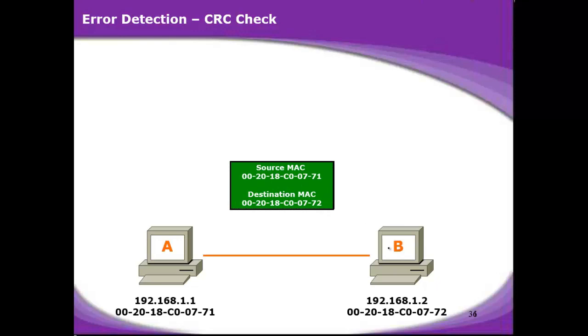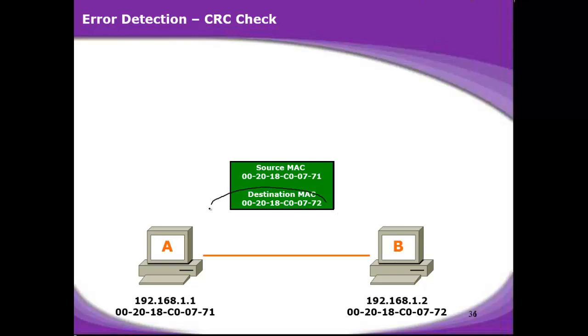So first, this is important to note, the destination first checks the CRC value. If it is received with no error, then it goes ahead and checks the destination MAC address to see if the data is for me or for someone else.